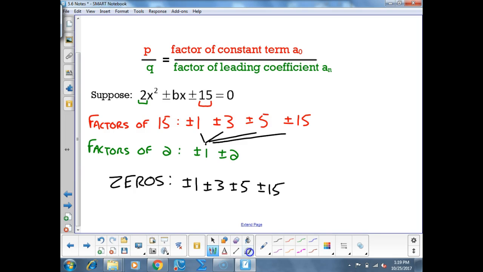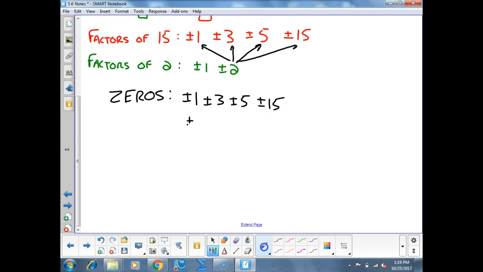Now I take all of those numbers and I divide them by the next factor in green. So that would be plus or minus 1/2, plus or minus 3/2, plus or minus 5/2, plus or minus 15/2.